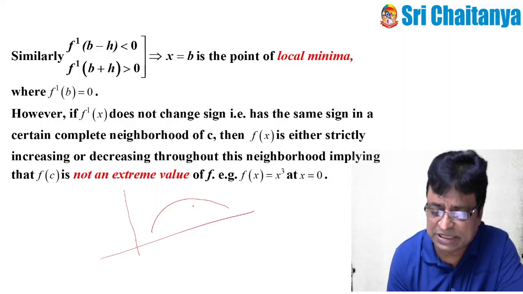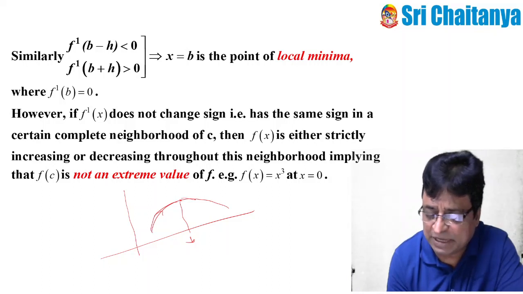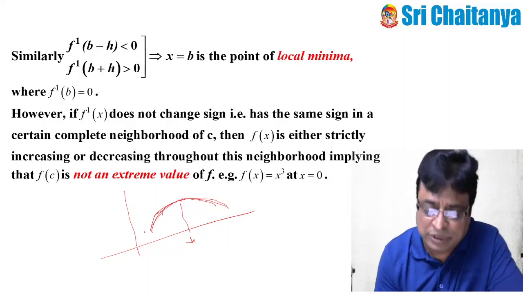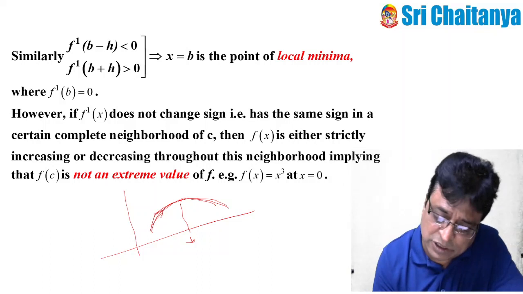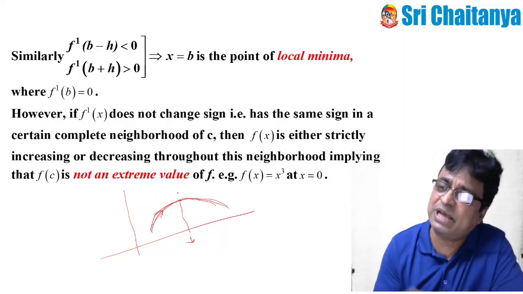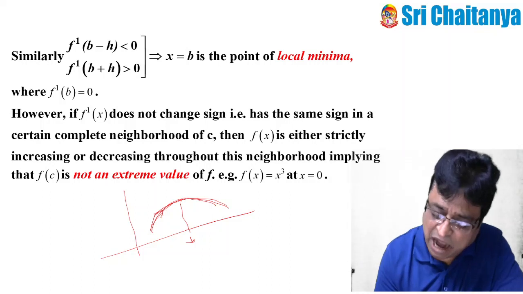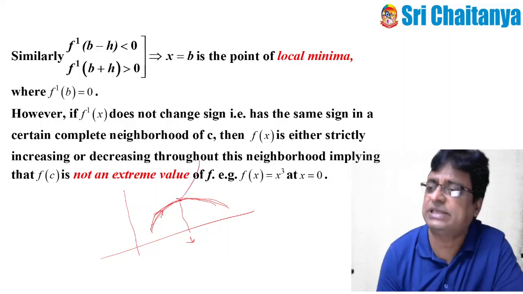Suppose this is b, and dy by dx is greater than 0, and after that dy by dx less than 0; that means the curve is like this. Suppose dy by dx is greater than 0 up to some point, and after that also dy by dx is greater than 0, then imagine what will happen. Until that point it increases, and after that also the curve goes on increasing.